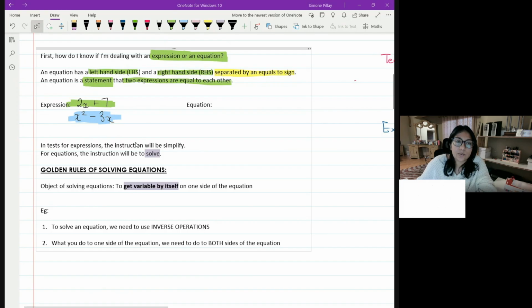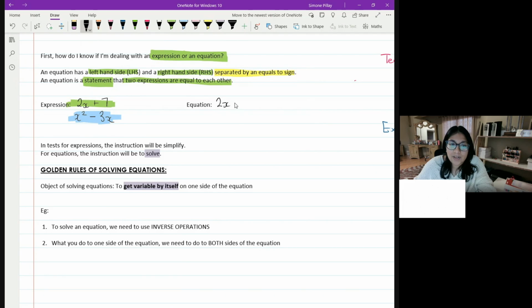Now, an equation is a statement that two expressions are equal. So what if I took both those expressions and made a statement that they are equal? The minute I do that, I have created what we call an equation.